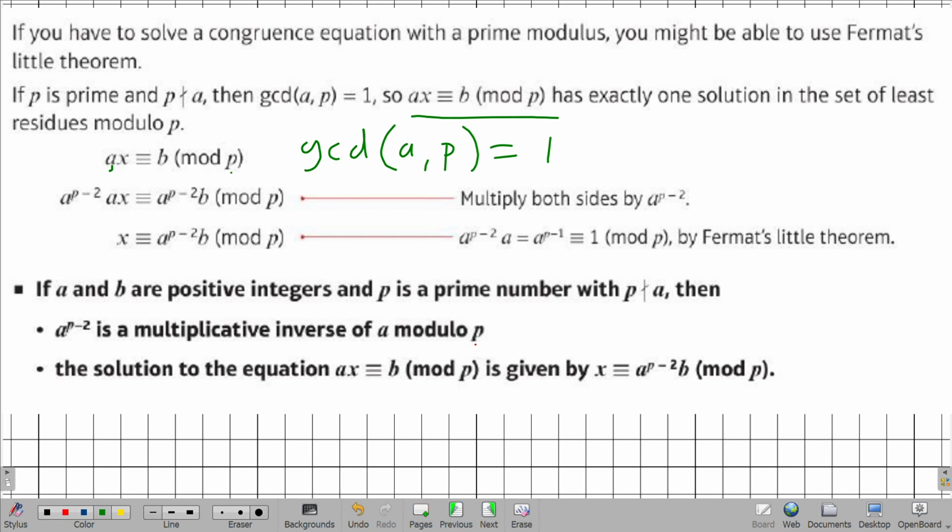And as a result, if P does not divide A, we rather just find the number which we call the multiplicative inverse of A. However, because the conditions have been satisfied already, Fermat's theorem suggests that we no longer need to do the Bezout algorithm. We just need to know that the multiplicative inverse is simply A to the power of P minus 2. That's basically why it is important.